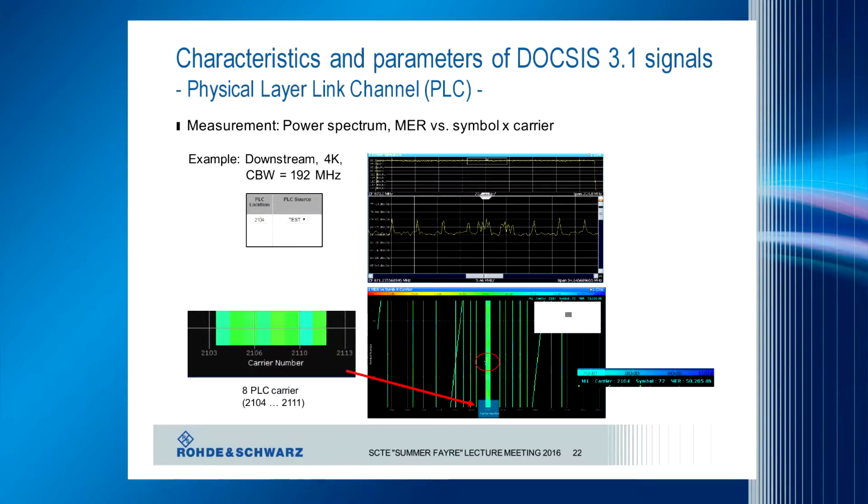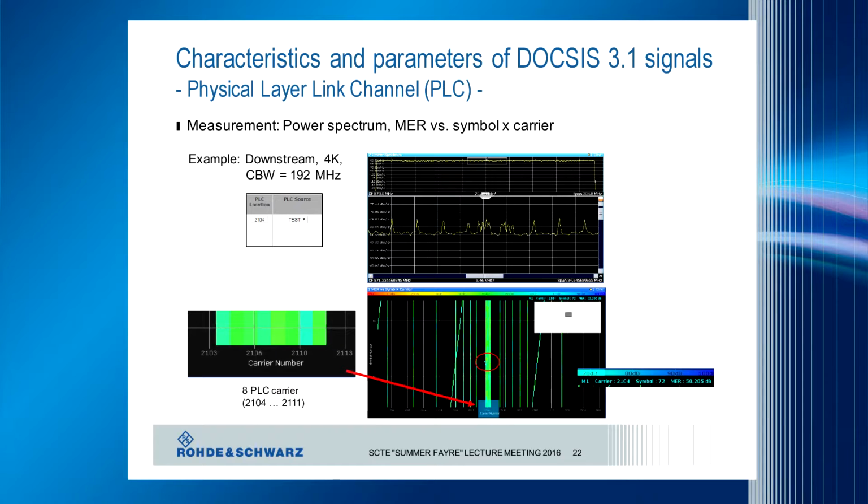So, back to my favorite measurement. In this case, I zoomed in on the power spectrum measurement to show you in a little more detail all the continual pilots around the PLC information. Below you can see again the MER versus carriers or symbols measurement, and I zoomed in here in a very high detail.